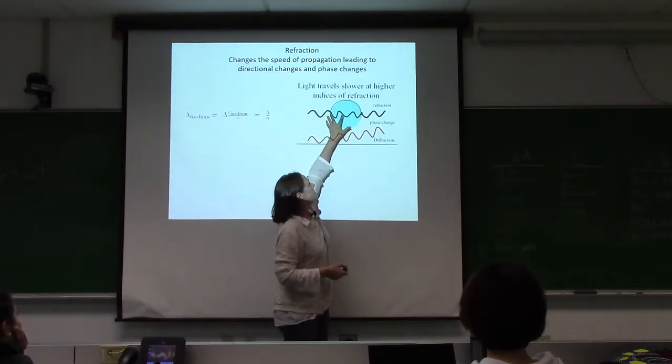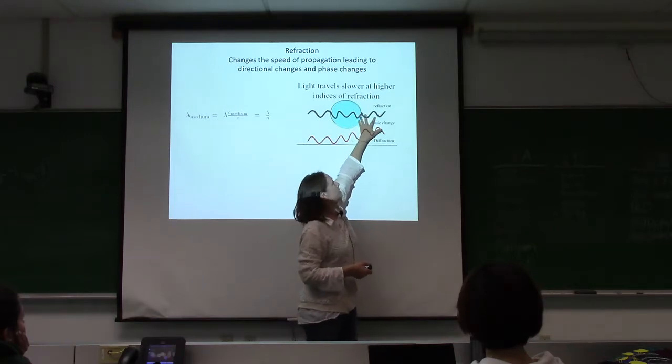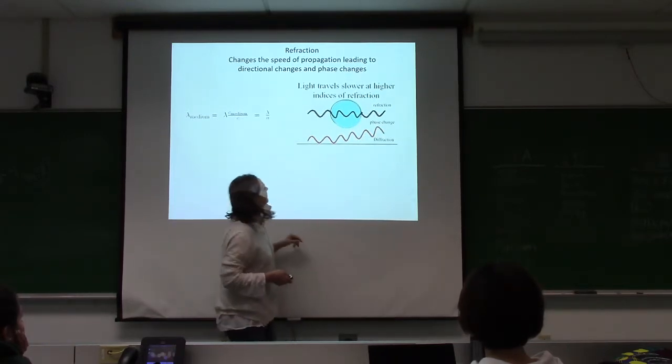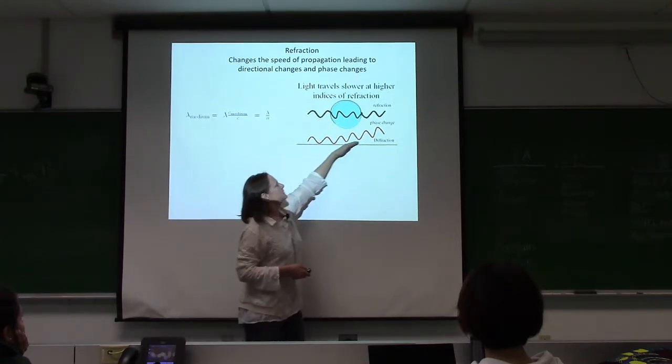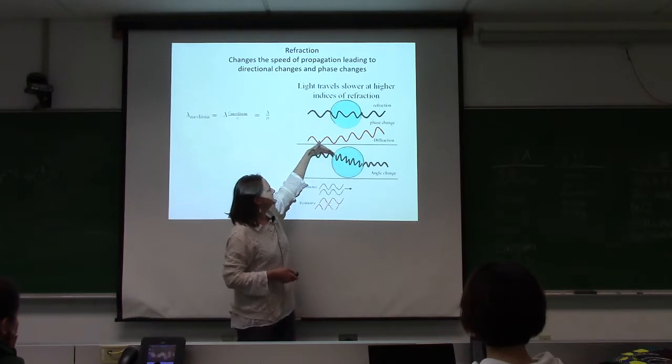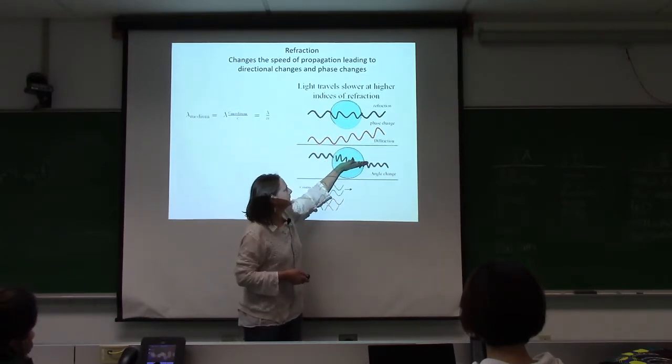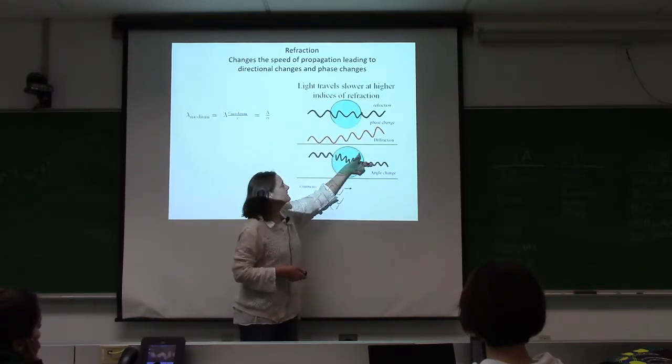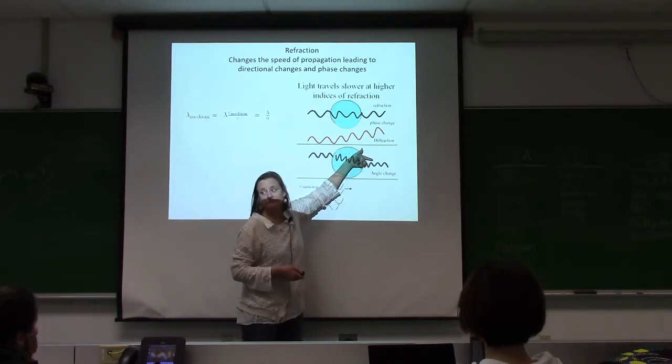It shortens up and then retrieves its original wavelength, okay? And diffraction just moves around. And then, if it was coming in at an angle, it would bend, and then it would recover, but it would be at a different physical position.